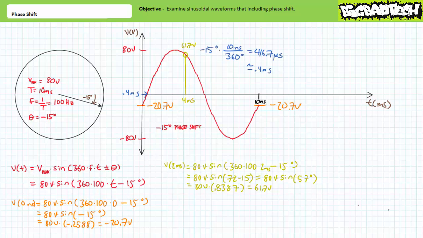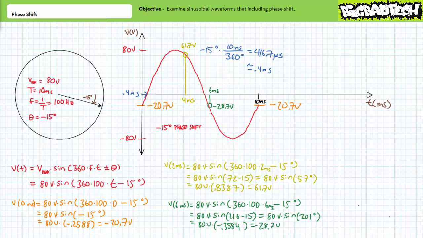As can be expected, this results in output voltage of 80 volts times 0.8387, or approximately 61.7 volts. Similarly, at 6 milliseconds, it can be demonstrated the output voltage would be approximately equal to negative 28.7 volts.